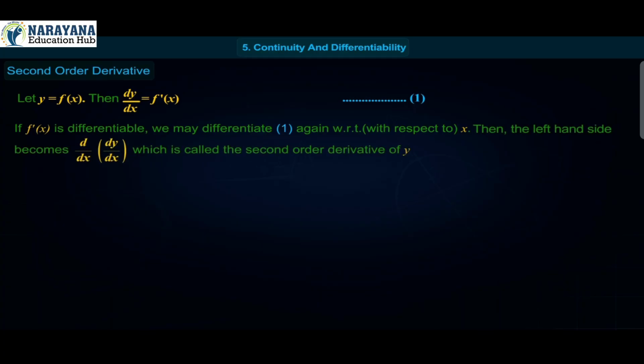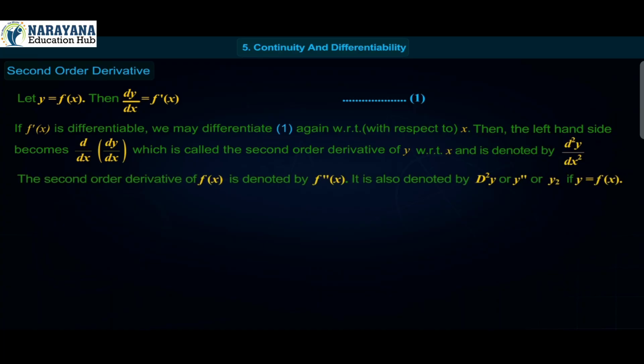Then the left hand side becomes d by dx into dy by dx, which is called the second order derivative of y with respect to x and is denoted by d square y by dx square. The second order derivative of f of x is denoted by f double dash of x.